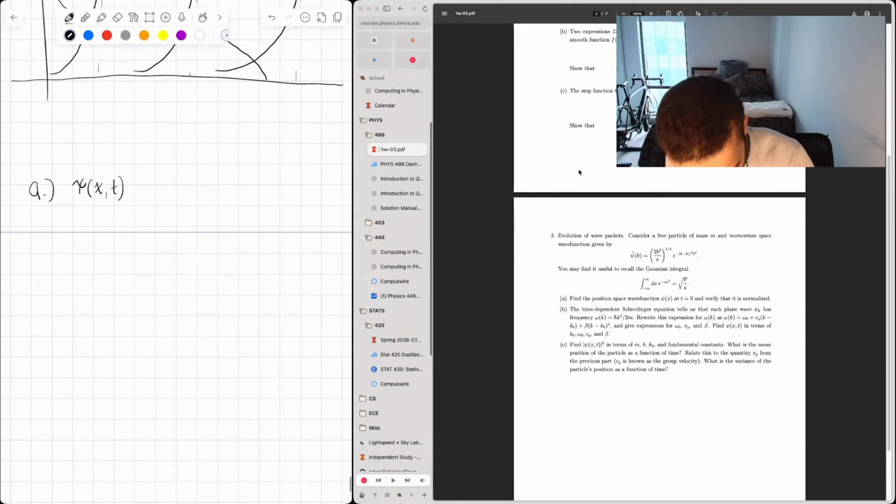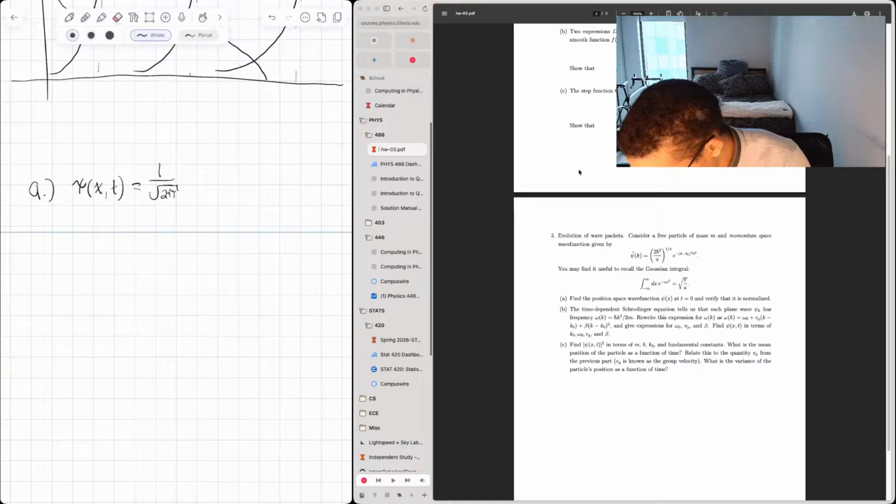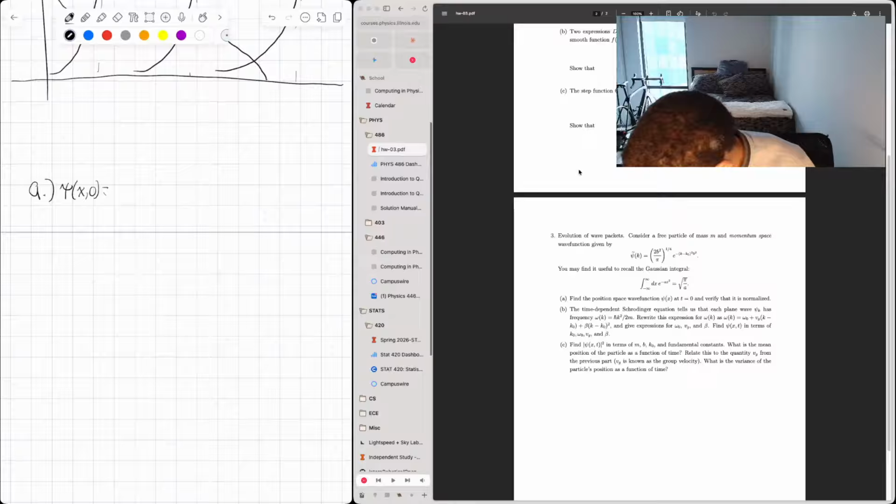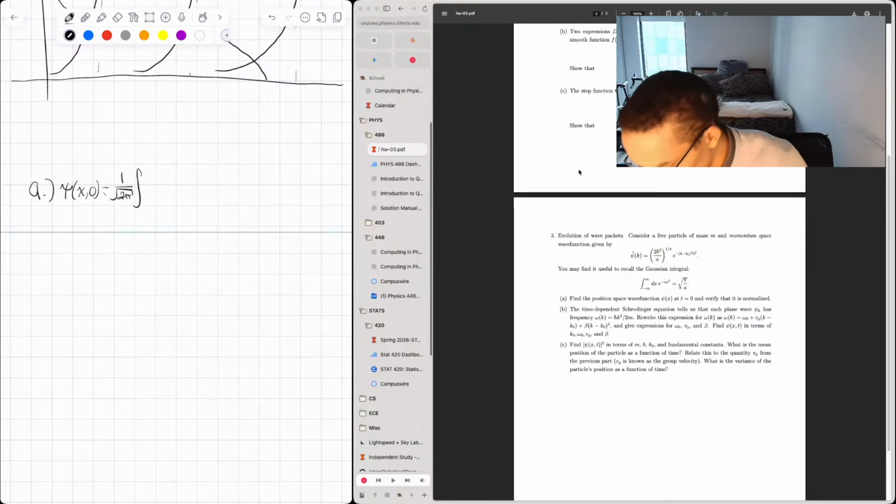Okay, I kind of feel like I'm missing the equation here. The thing about this is t equals 0, so I'll just do ikx. I think I can do that, so we'll say x of 0. So this is going to be 1 over root 2 pi. This has no time dependence.